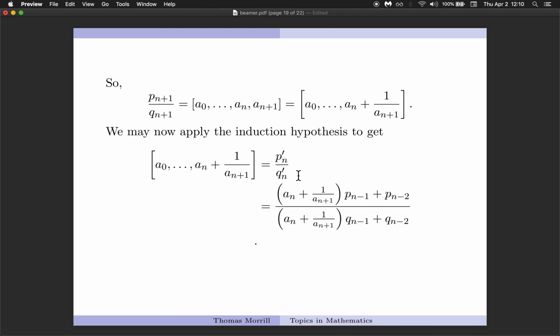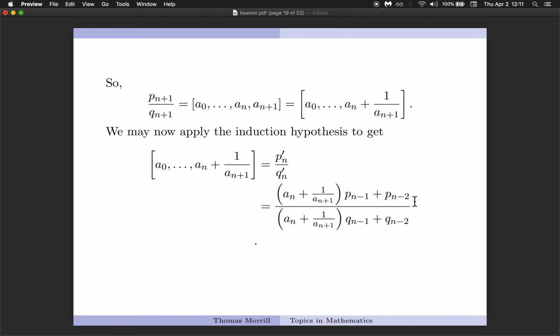This will be some denominator qn prime. And what are my formulas for this pn prime and my qn prime? It's the last a, which is my an plus 1 over an plus 1, times my previous numerator, which is pn minus 1, plus my numerator before that, pn minus 2.